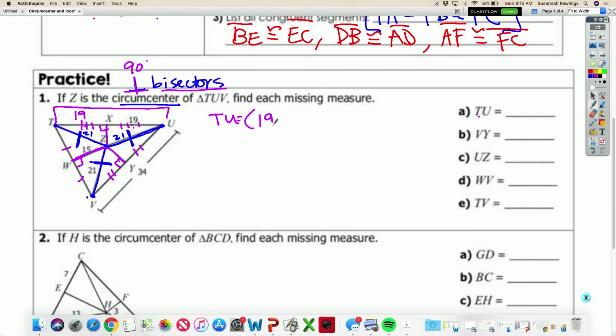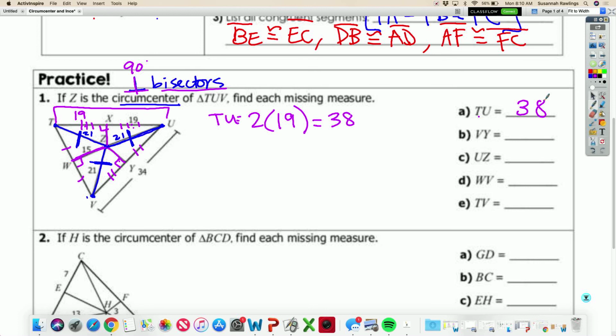I can also multiply 19 by 2. So 19 times 2 just gives me what? It's 38. So all we did was double that because they were congruent.